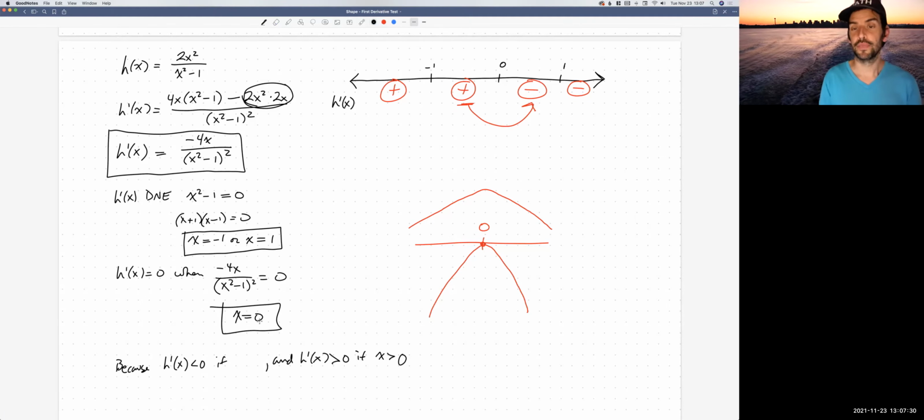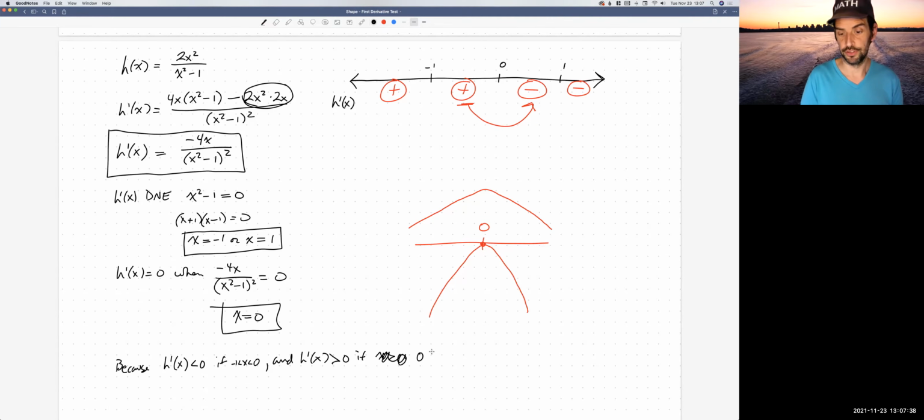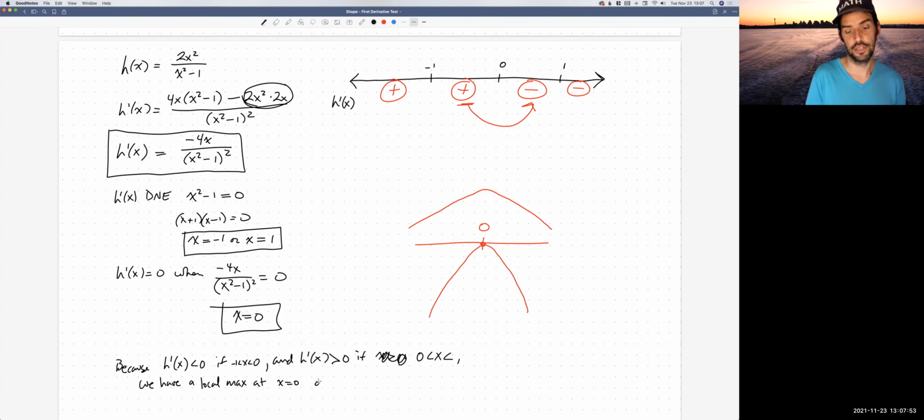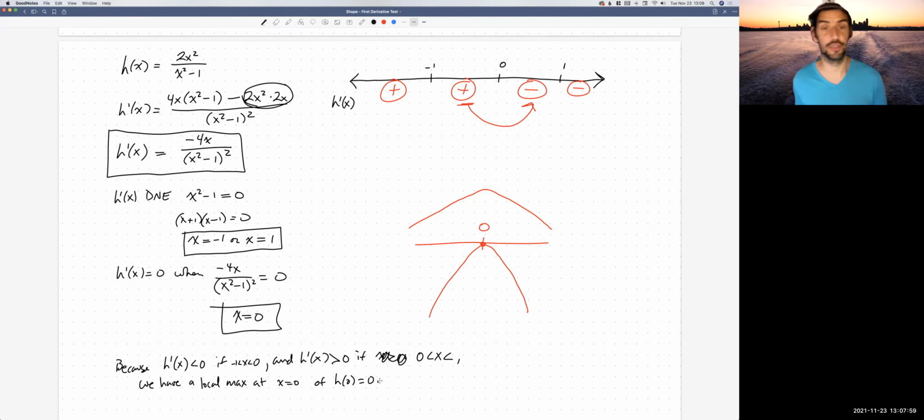It's between negative 1 and 0 that it's positive, and then from 0 to 1 that it's negative. We have a local max at x equals 0 of h of 0 equals 0. So the local max in this case has a value of 0 as well as an input of 0.